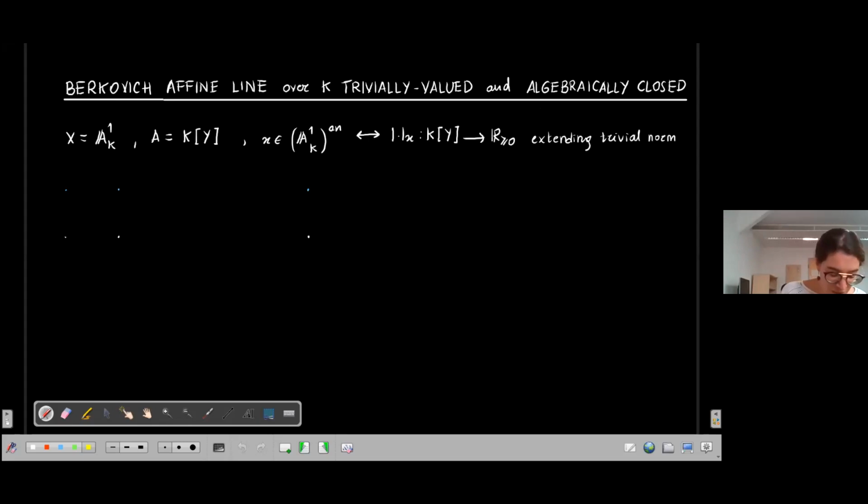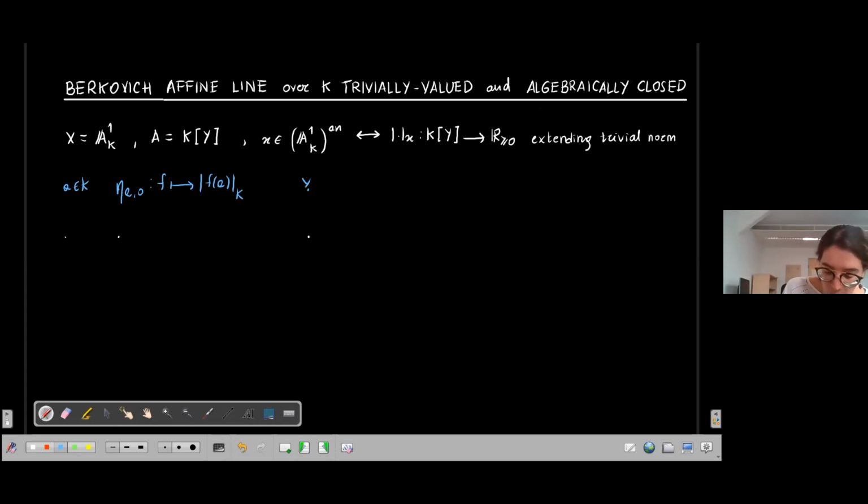As it was suggested in the chat, the first way we can construct points is, for instance, to fix an element a in our field K, and we can construct the norm eta_{a,0}. To any polynomial f, we just evaluate our polynomial at the point a. Now what we have is an element in the field K, so we can take the norm with respect to K. What happened in this case?